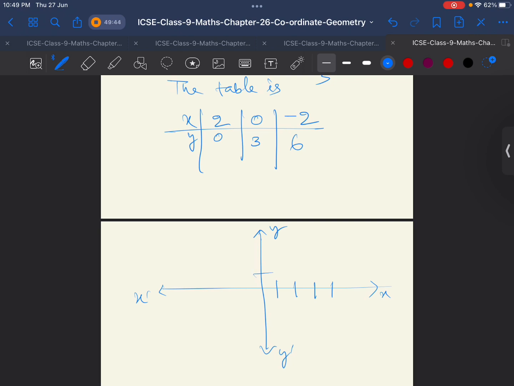Okay, (2, 0) is here, (0, 3) is here, and (-2, 6) is here. Okay, now we draw the straight line. So this is the straight line.